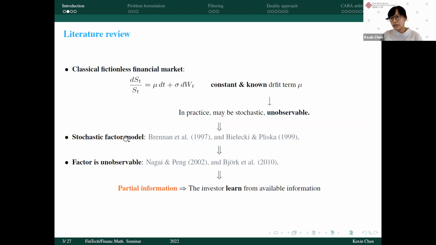To address this, researchers postulate that stochastic factors explain the observed variations in expected asset returns, and furthermore, recent works argue that these factors are not observable. So investors must learn the hidden factors from available information, which leads to the partial information setting.